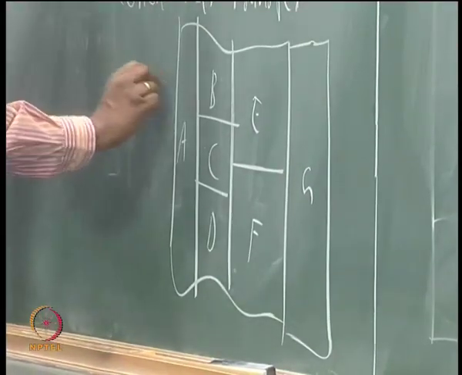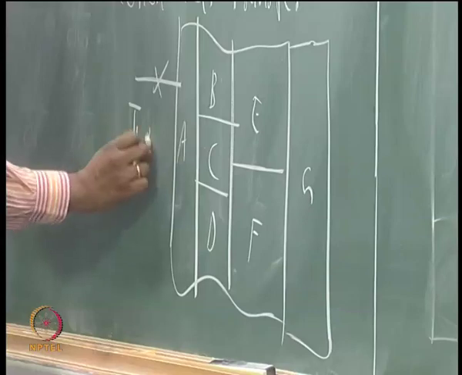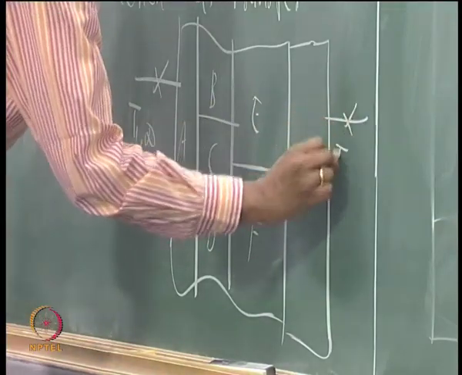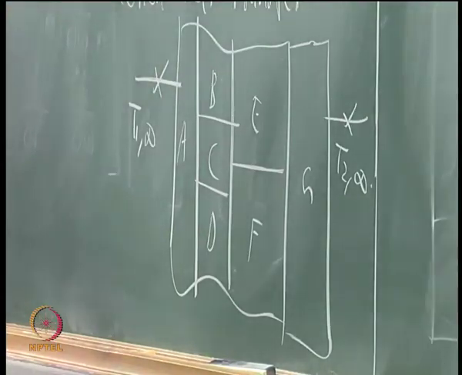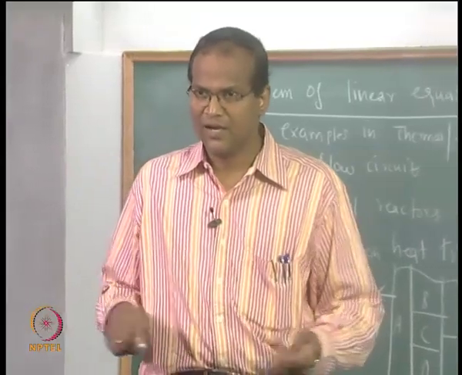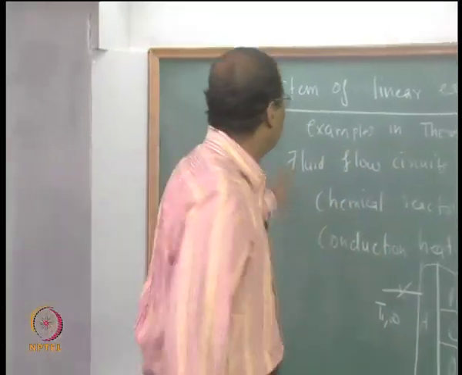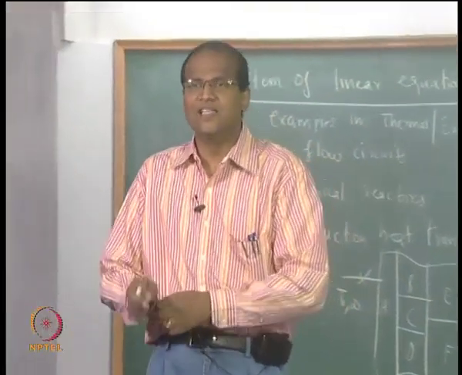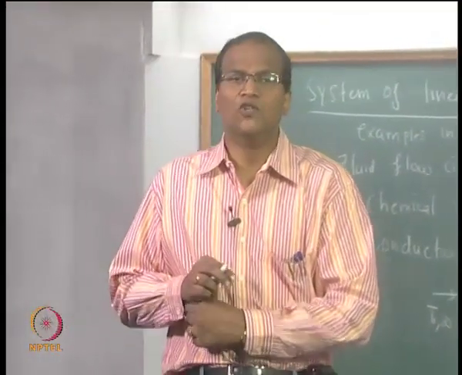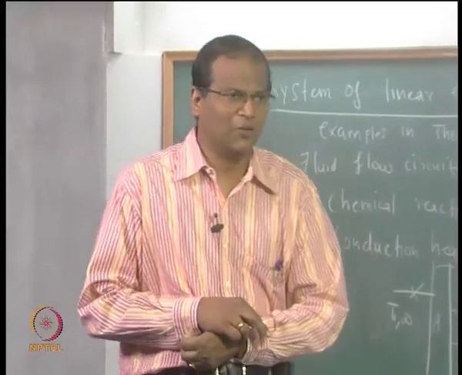I have a T1 infinity here, I have a T2 infinity here. I will write all these out as resistances in series and parallel, and combine them. So this is one possibility. Like that there are various examples in which you can linearize and have a system of linear equations. So, we need to know how to solve a system of linear equations.